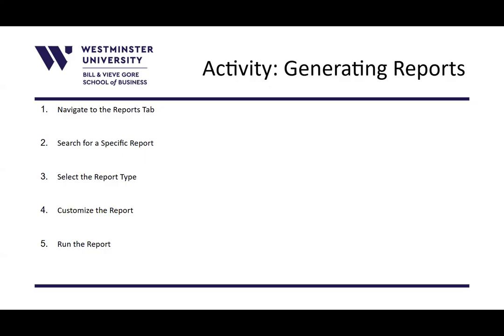And you have to experiment with the customization options to filter data by categories or time periods. Once done, you will have to save or export your report as a PDF or Excel file. This activity will help you understand how to use reports to analyze financial performance, and it's a really critical skill for effective business management.